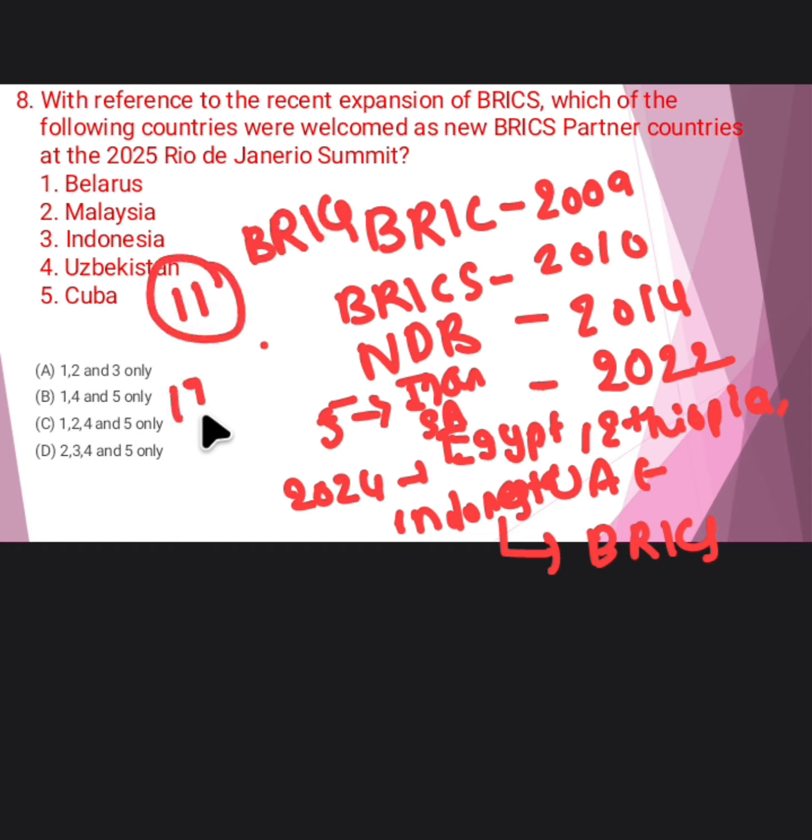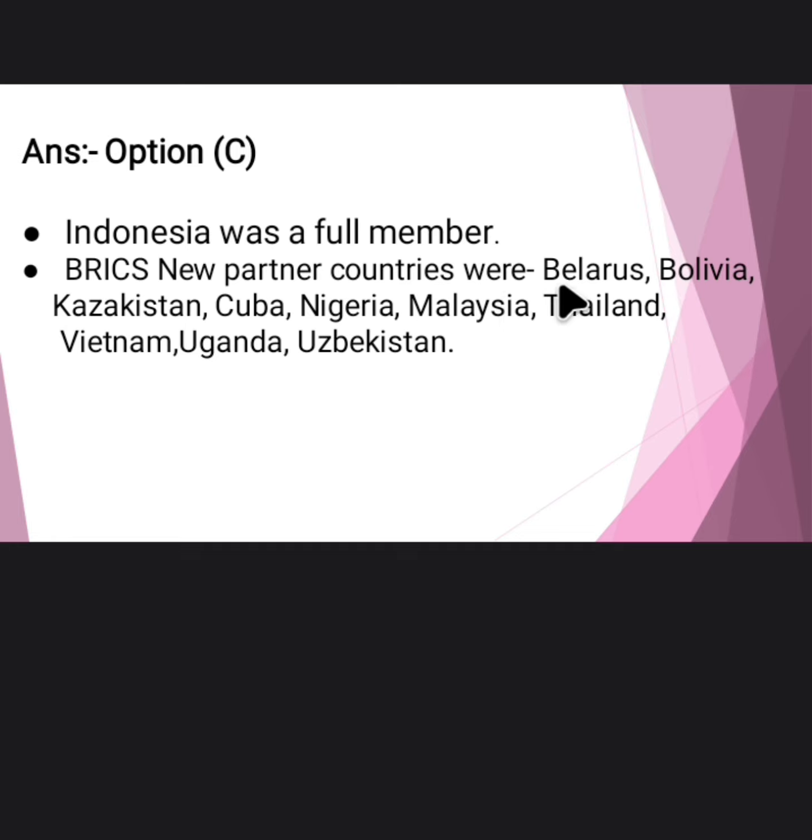The 17th edition of BRICS is happening in Brazil. For this summit, guest countries or partner countries were included. They are Belarus, Bolivia, Kazakhstan, Cuba, Nigeria, Malaysia, Thailand, Vietnam, Uganda, Uzbekistan.